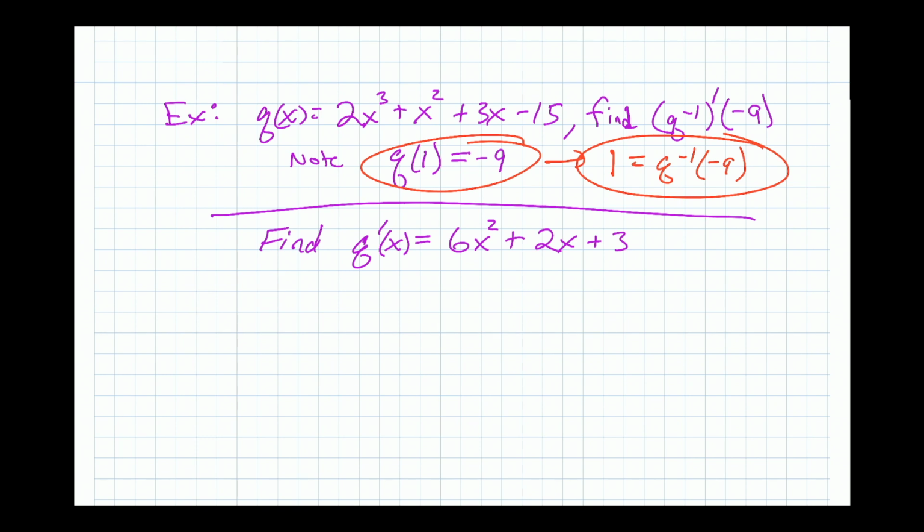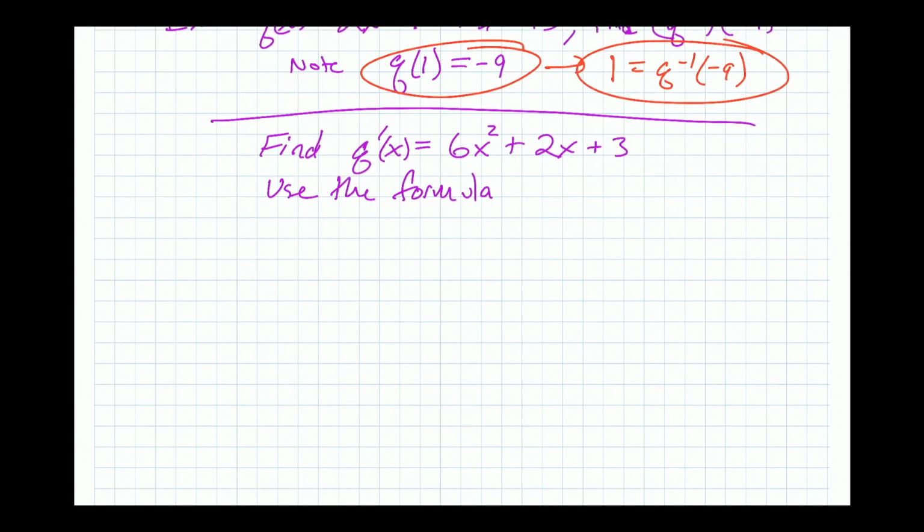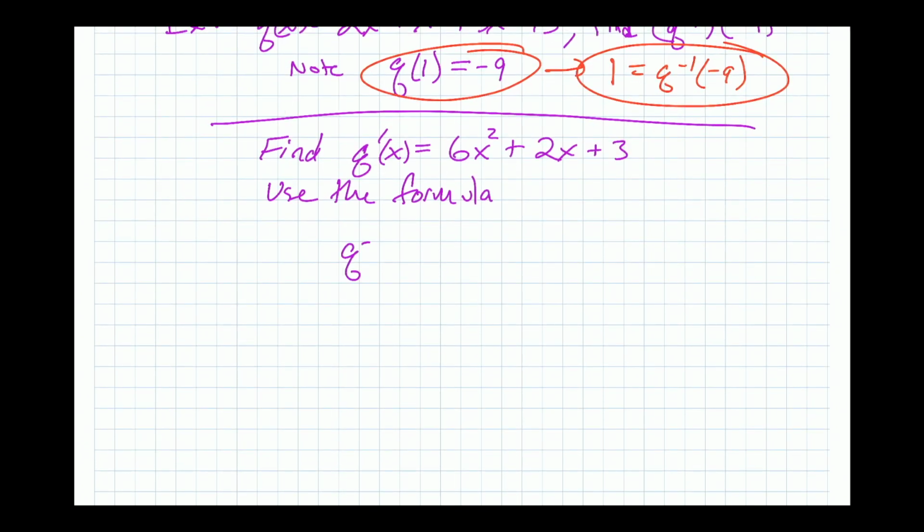Use the formula. So we want Q inverse prime of minus 9. By the definition, it's 1 over Q prime of Q inverse of negative 9.